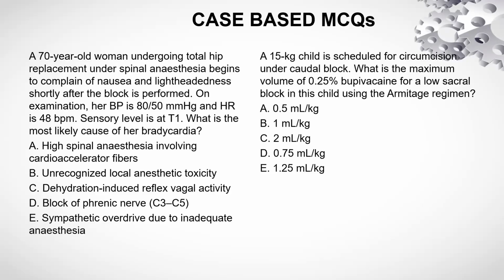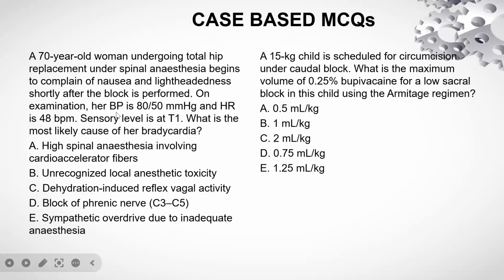So before we continue, we have some case-based MCQs. Okay, so quickly, like I said, I have about 99 slides, so I want us to see how far we can go today.